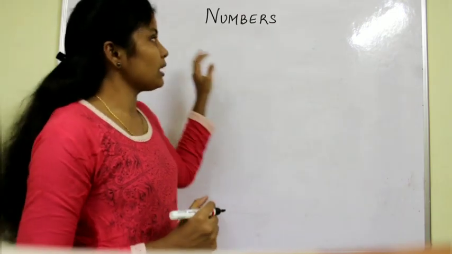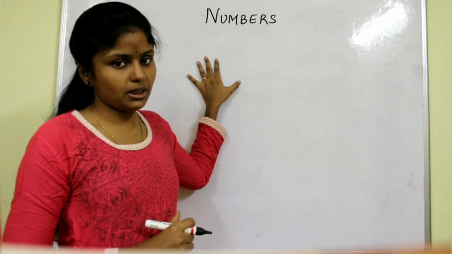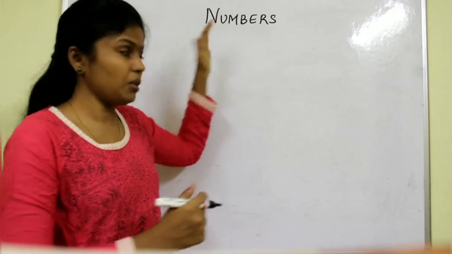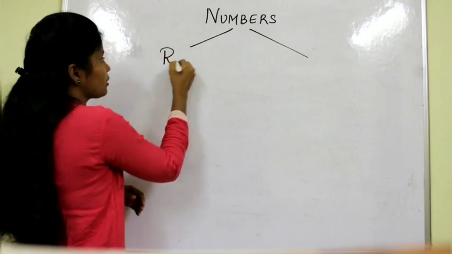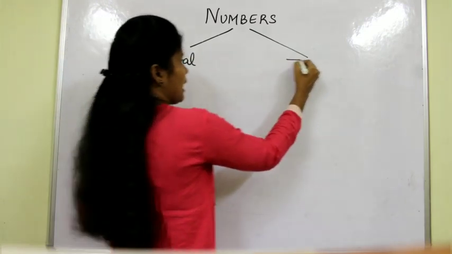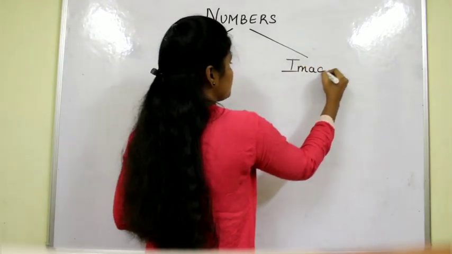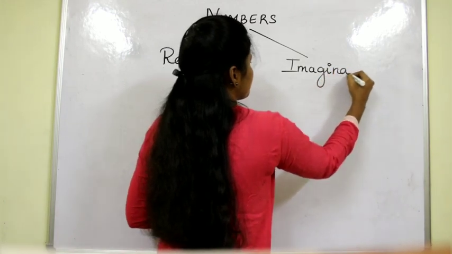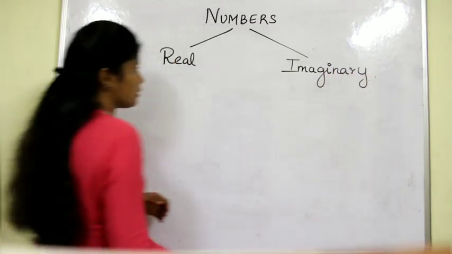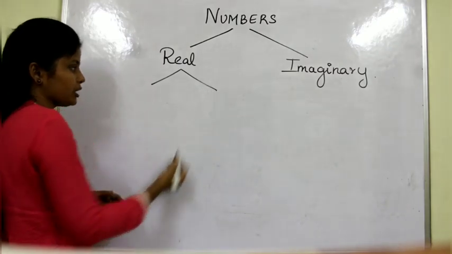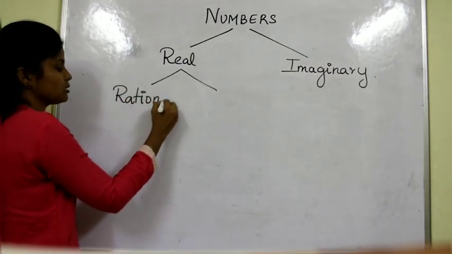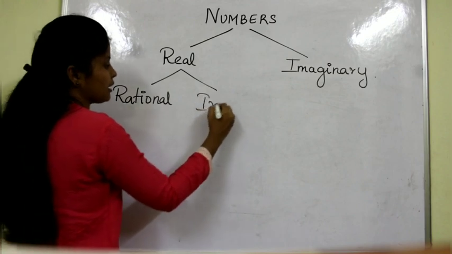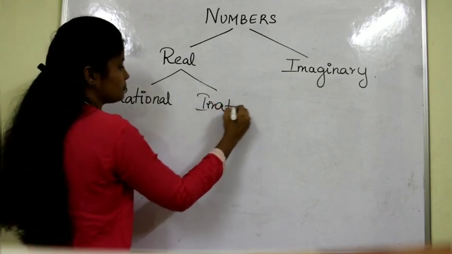Now, getting into the classification of numbers, the numbers can be classified firstly into real numbers and imaginary numbers, and the real numbers can further be classified as rational numbers and irrational numbers.